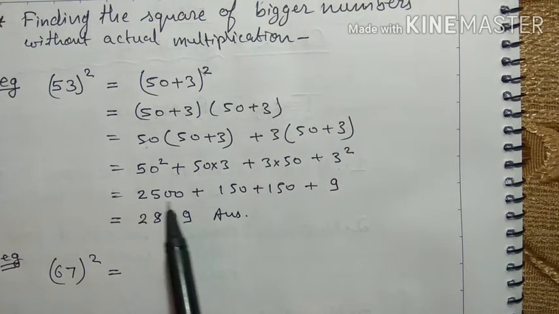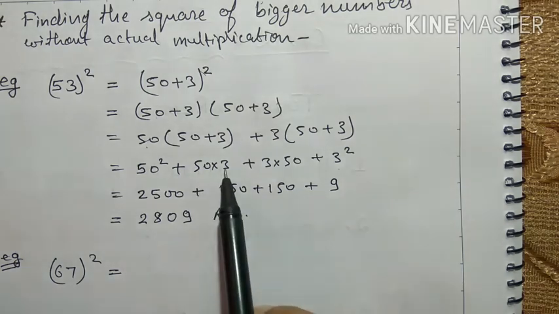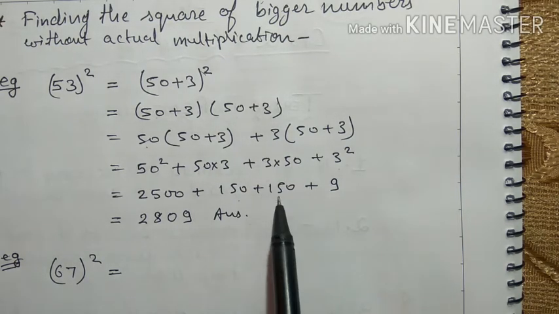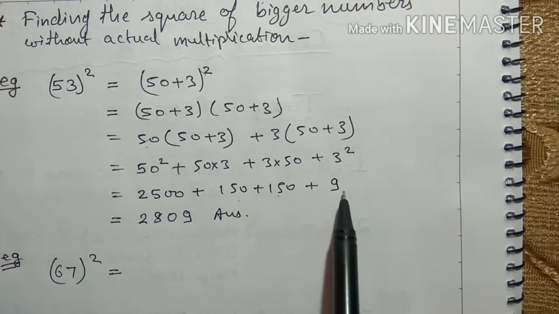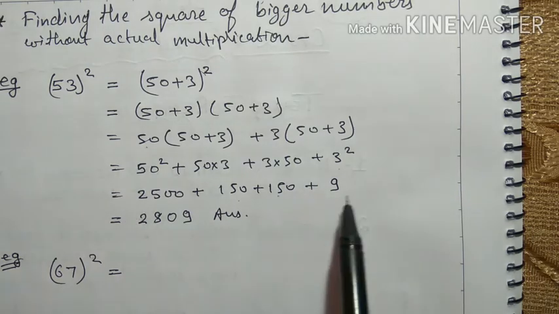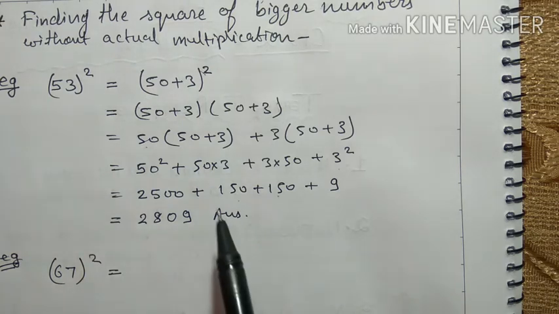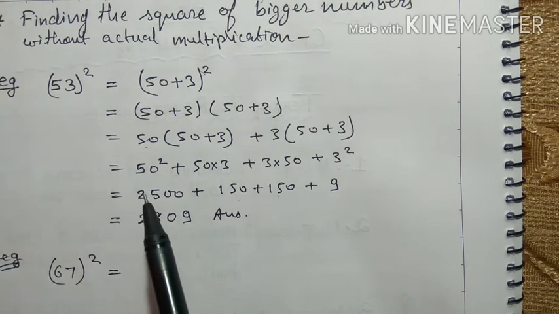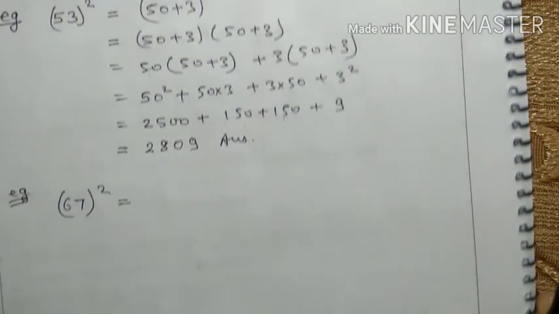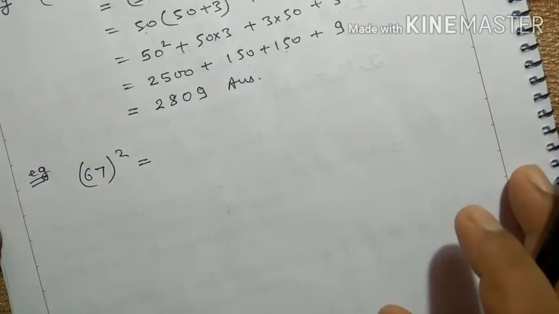So 50 square is 2500, plus 50 into 3 is 150, 3 into 50 is 150, and 3 3s are 9. If we add all these numbers, we get 2809 as the product of 53 into 53, or 53 square. Okay, similarly we can do this for 67 square.